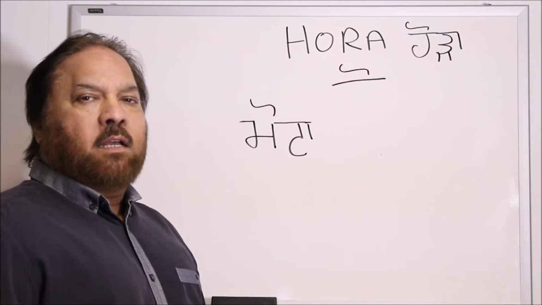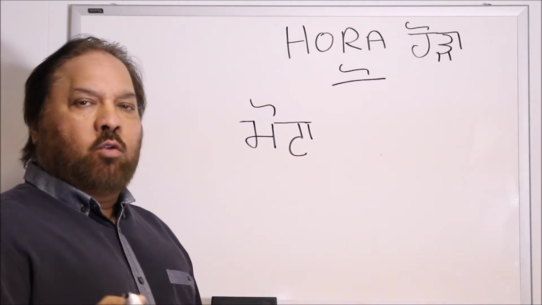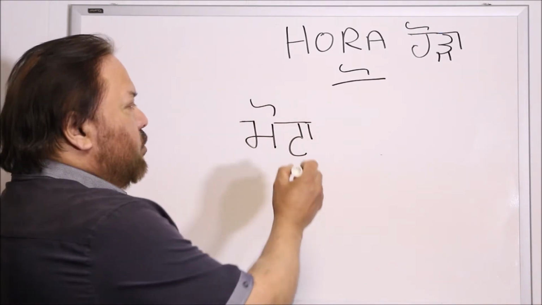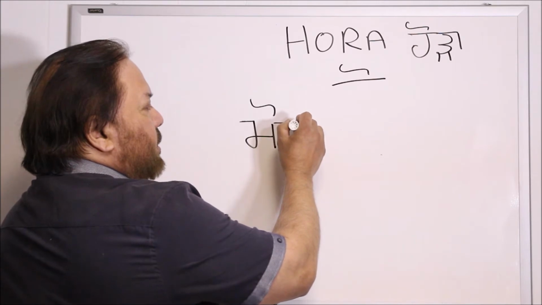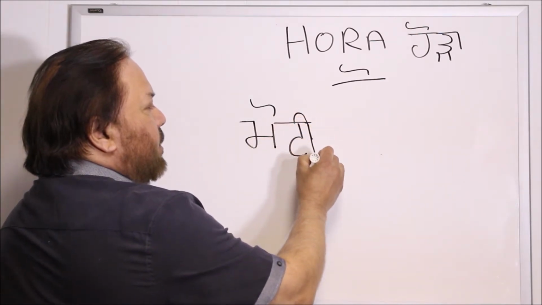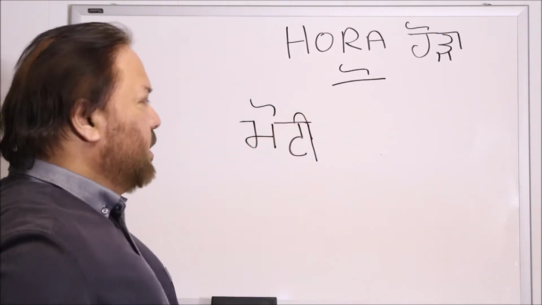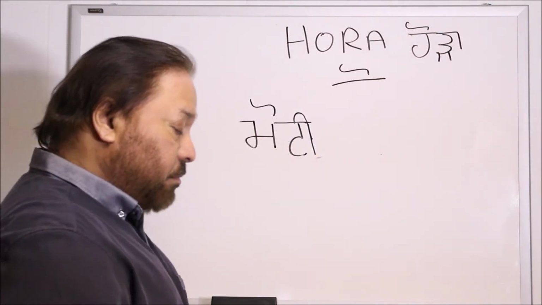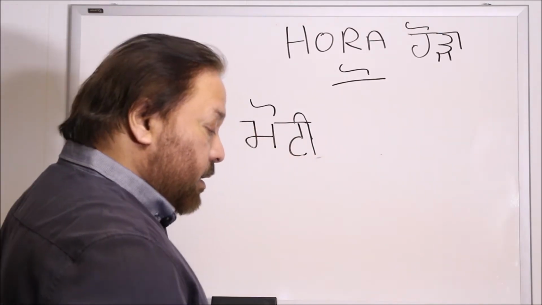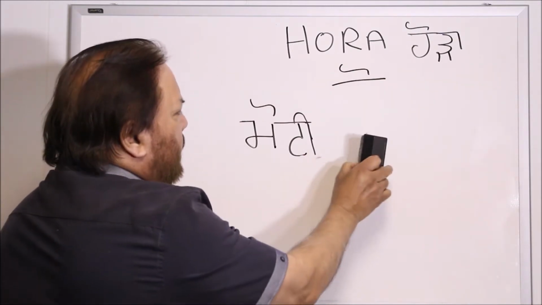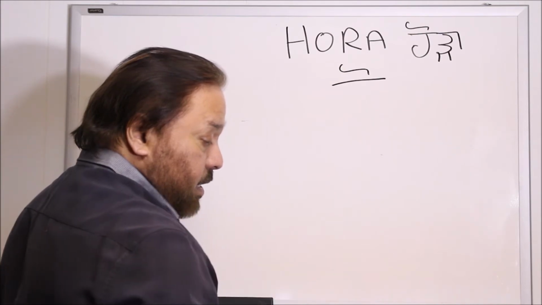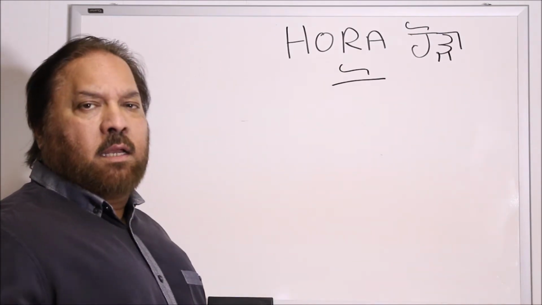The reason I'm saying this is because you remember we used Bihari to make the sound E. So if we just do like this, this is Bihari, so this becomes moti. And a parrot is called tota in Punjabi.